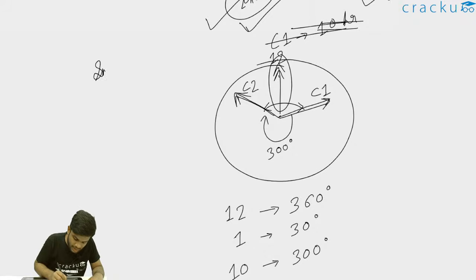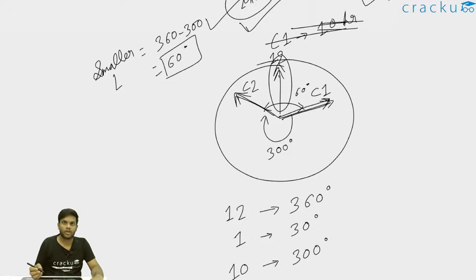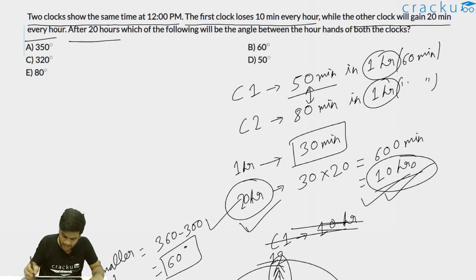The smaller angle will be 360 minus 300, which is equal to 60 degrees. So the larger angle is 300 degrees and the smaller angle is 60 degrees between the hour hands of both clock 1 and clock 2. So the angle will be 60 degrees, which is our option number B. Let's look at the next question.